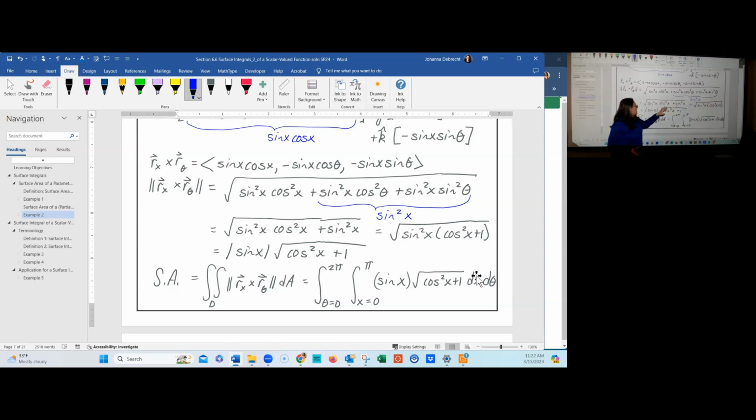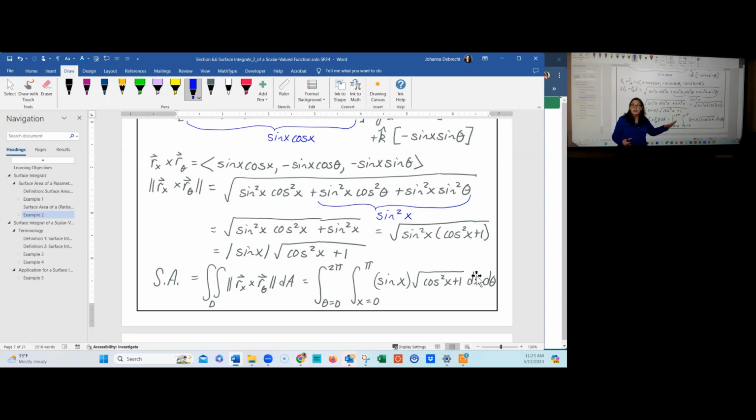So this gives me sine squared x cosine squared x plus sine squared x. There's a common factor of sine squared of x, which I can factor out, giving another factor of cosine squared x plus 1. I can take the square root of each factor, and the square root of sine squared gives me the absolute value of sine of x, multiplied by the square root of cosine squared x plus 1.